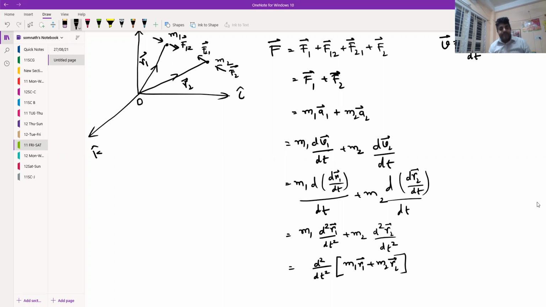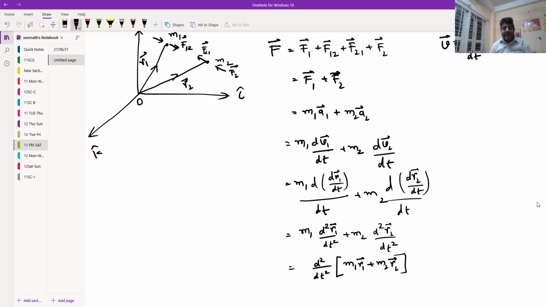Everyone, is it okay? Basically it's a very simple thing. Don't think it's very complex. You basically have two forces, F1 and F2, which you apply externally. As you have a two particle system, some internal force may also be present, that is force of 1 2 and force of 2 1, because like gravitational force is also an internal force.